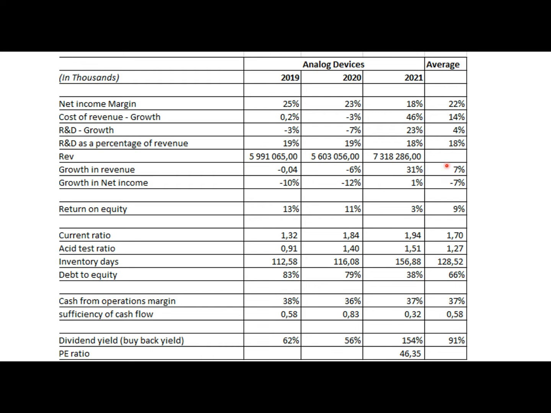So you're just below industry average. But 31% growth in revenue supports my increase in costs. Yes, you are below the industry average, but one can say that analog devices is not really losing any track, especially in 2021, not losing any competitive or market share, because you are growing revenues at a massive rate.